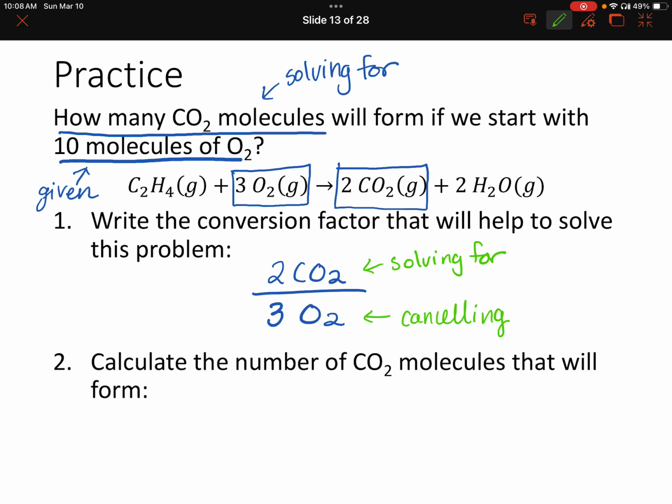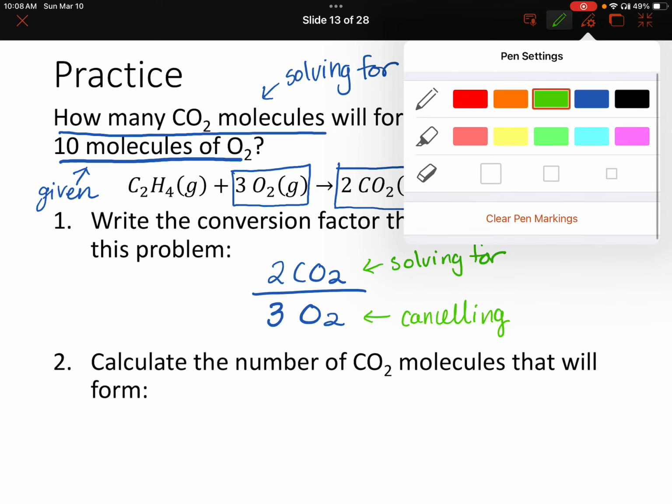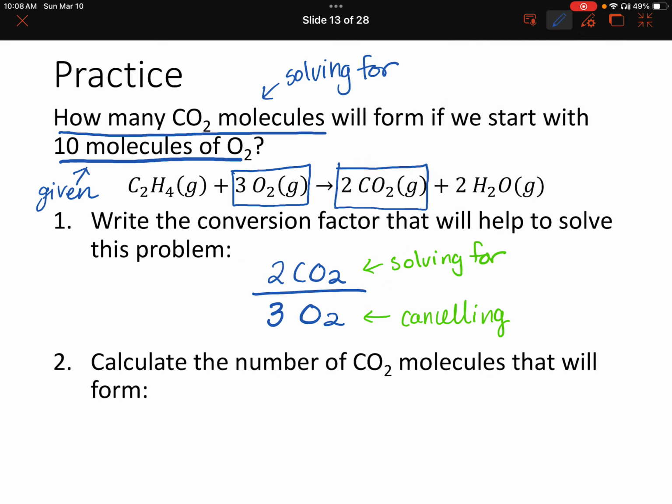So now let's calculate the number of CO2 molecules that will form. So I'm going to start by writing out what we were given, which is 10 molecules of O2. So again, that was what we were given. And now we're going to multiply that by the conversion factor that we just wrote down.